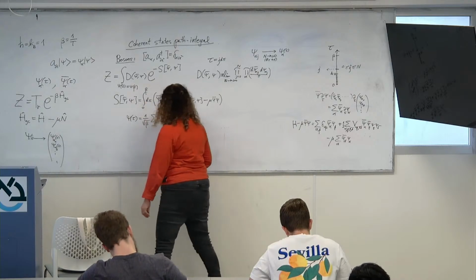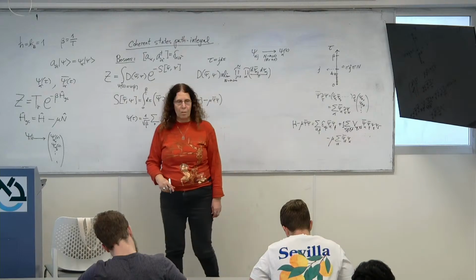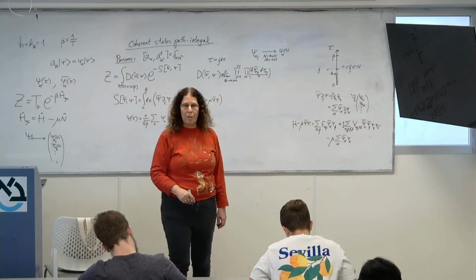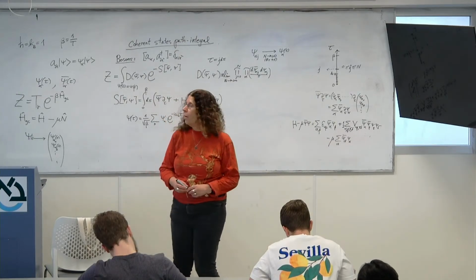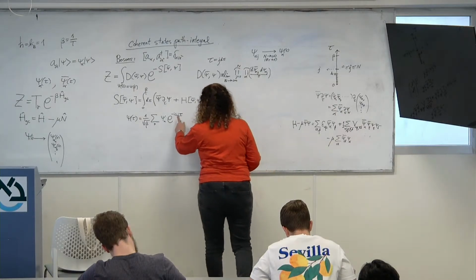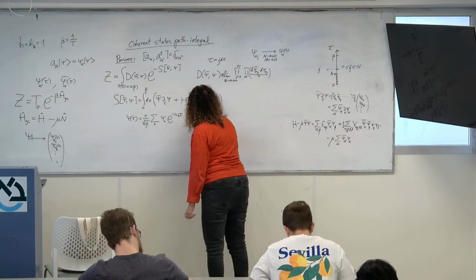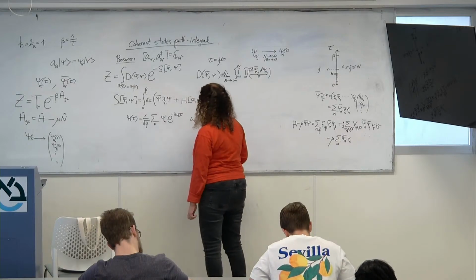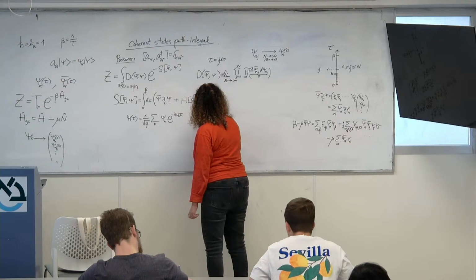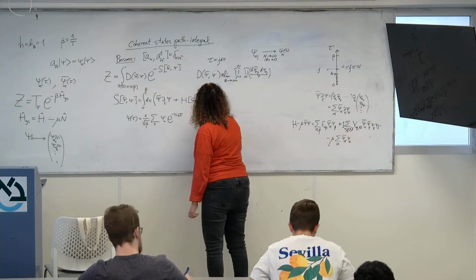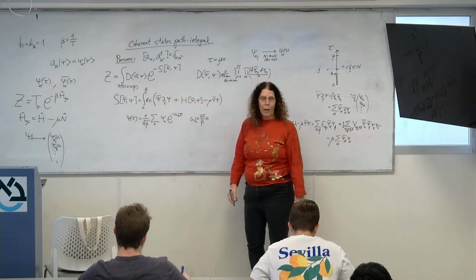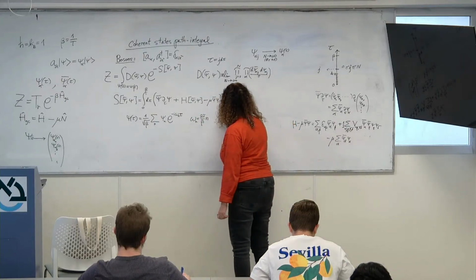Okay, this is a Fourier series, not a Fourier transform, where these omegas are in fact 2 pi over beta times n, where n is an integer.